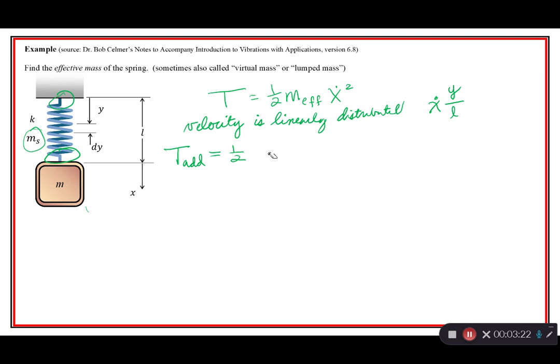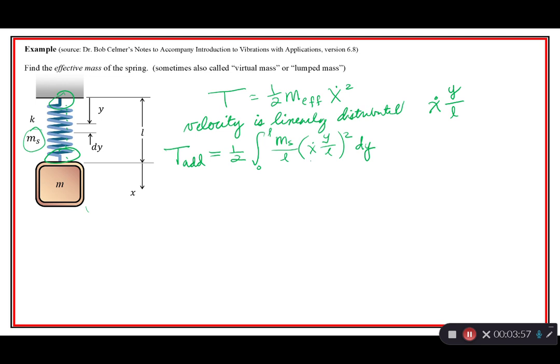We integrate from 0 to L, so every little spot along the spring has this little chunk of mass, and we multiply by the velocity, which is x dot times y divided by L, squared, dy.